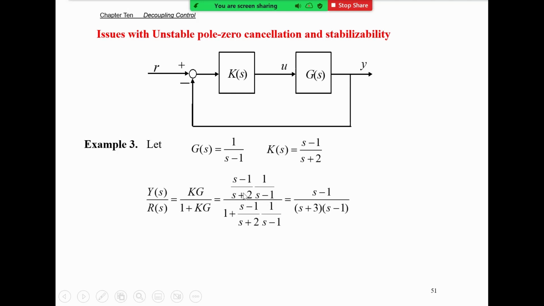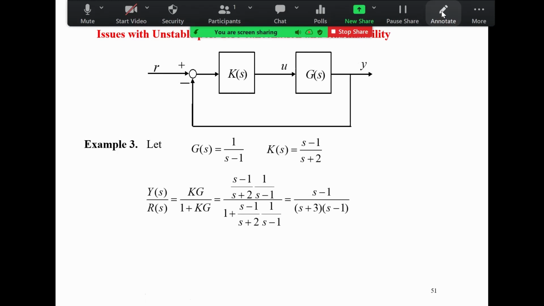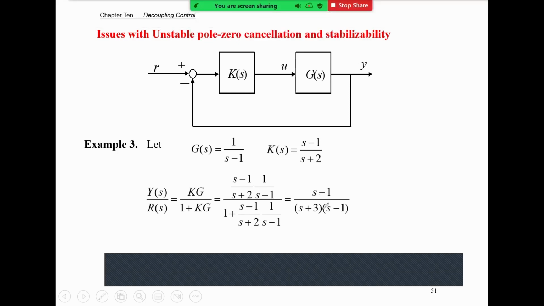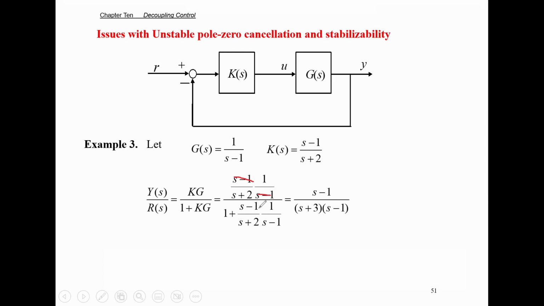If you do this and you want to get the transfer function from R to Y, that will be the final answer here. What it says is that those s-1 cannot be cancelled out. It will remain, but probably it's not clear to some of you why we should keep them.